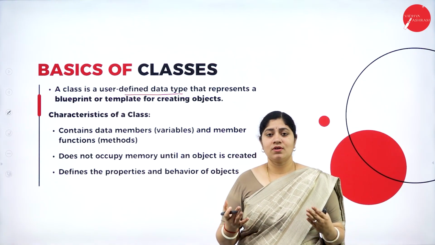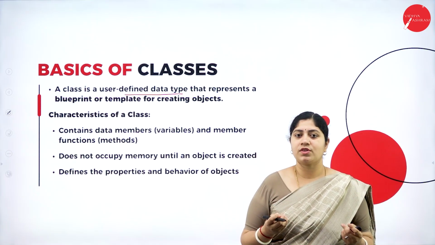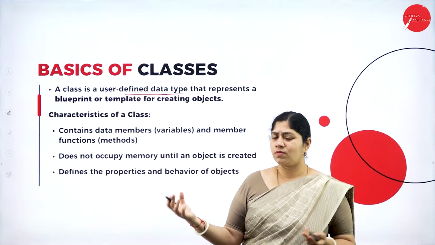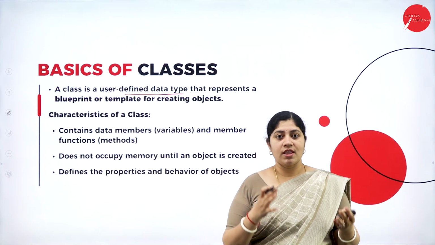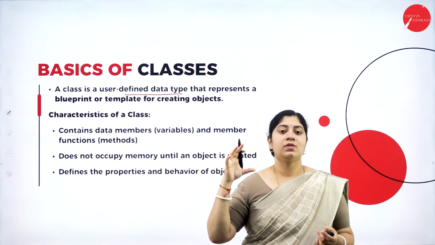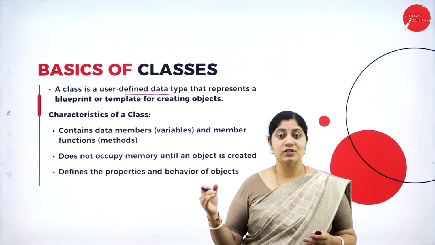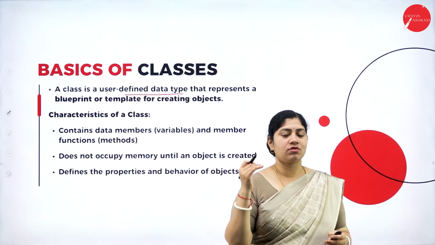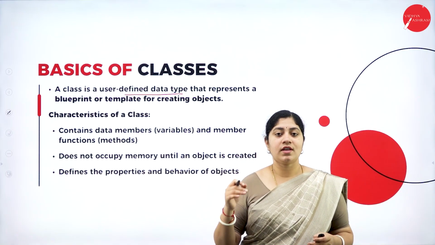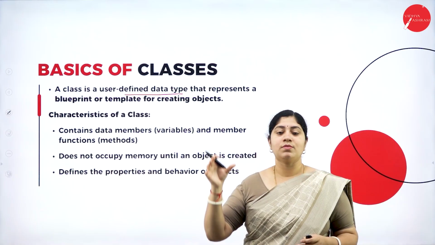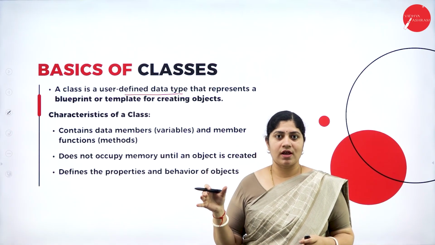For example, let me take one more example for this. If I consider an example of a new car or a motorbike, whatever it may be, then my motorbike will become a class, and with respect to that motorbike, the specifications, like the make, the model, the color, the chassis number, all these things will become an instance of the class, correct?